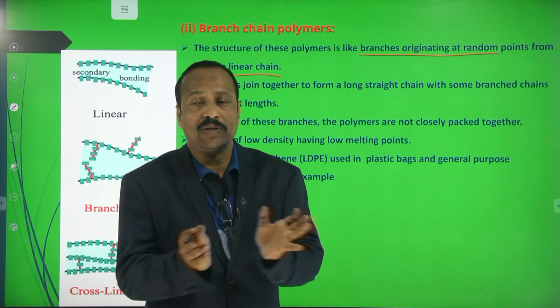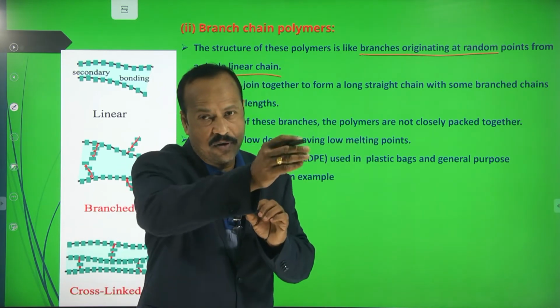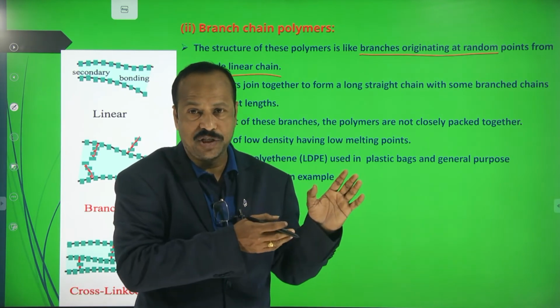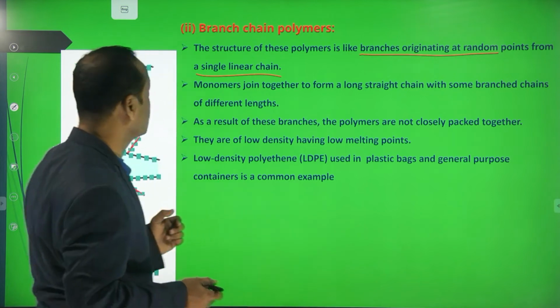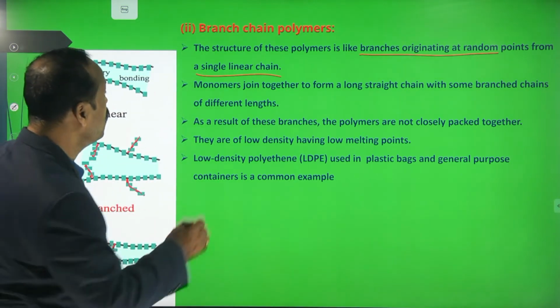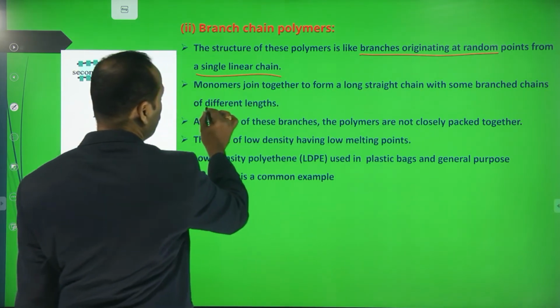For the linear polymer chain, in different places in the middle, some branches will join randomly. Such branches are called branch chain polymers. Monomers join together to form a long chain with some branched chains of different length.